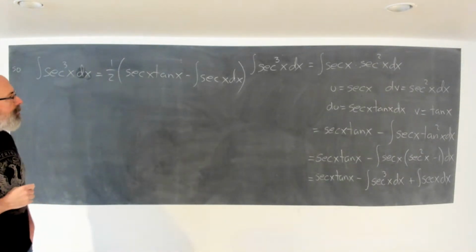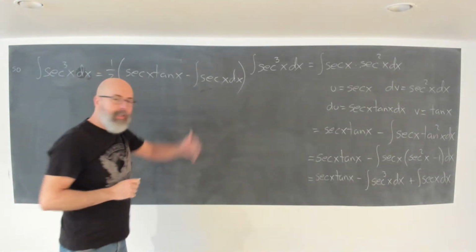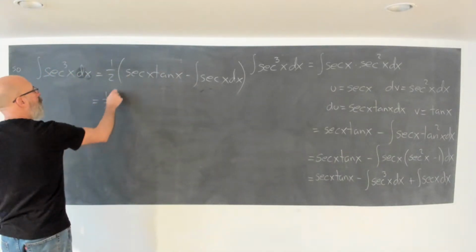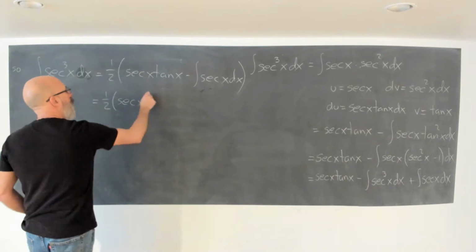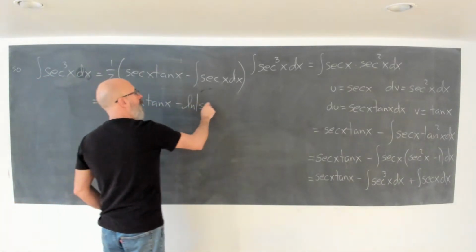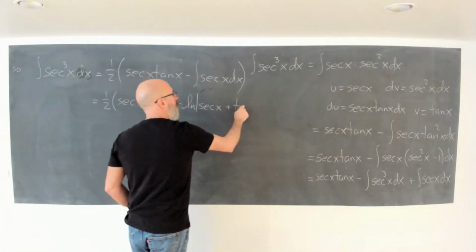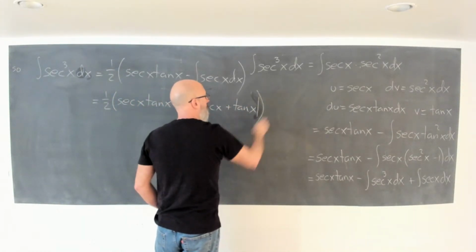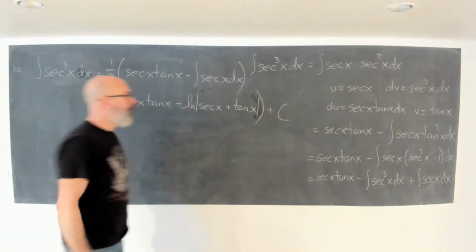Isn't that amazing? And the integral of secant we just did together a moment ago. So this is secant tan minus ln of secant x plus tan x. Throw in your arbitrary constant, and you're done.